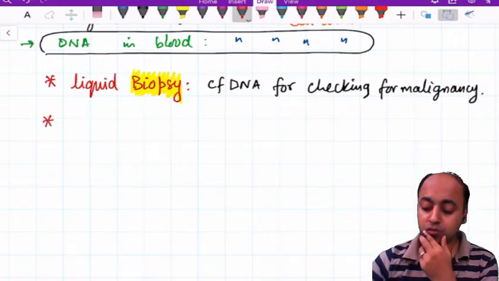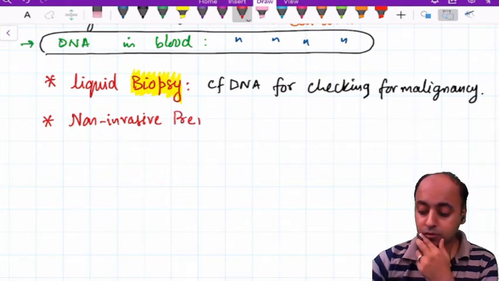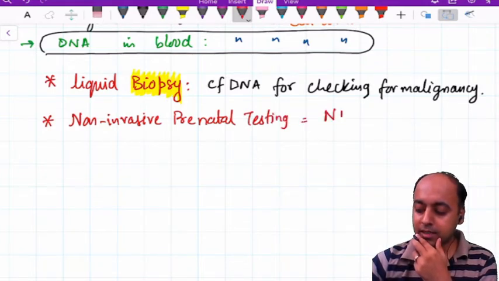Second thing, the cell-free DNA is also used for something known as non-invasive prenatal testing, commonly known as NIPT.